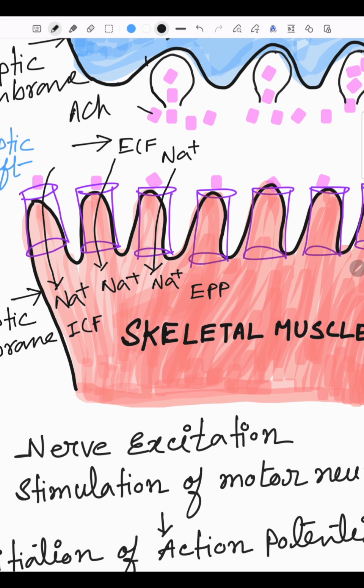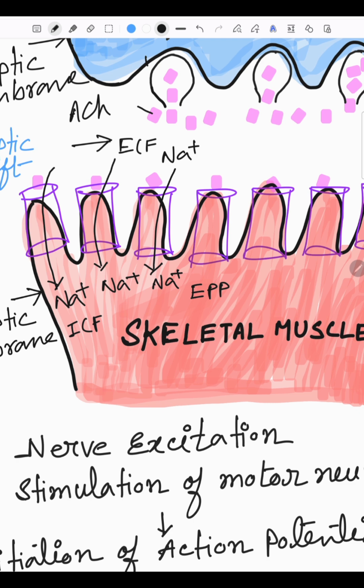But this end plate potential is not an action potential. Only action potential can produce response. So only action potential can cause skeletal muscle contraction. EPP is not sufficient to generate skeletal muscle contraction.